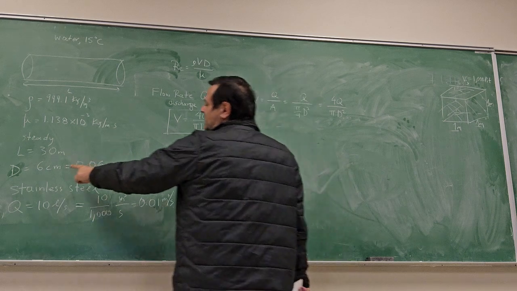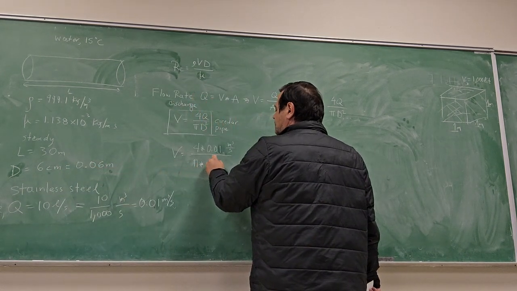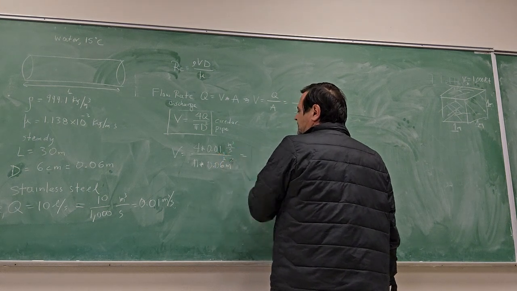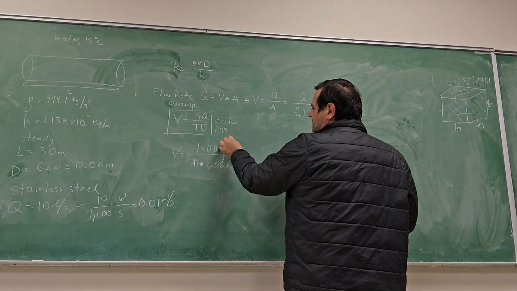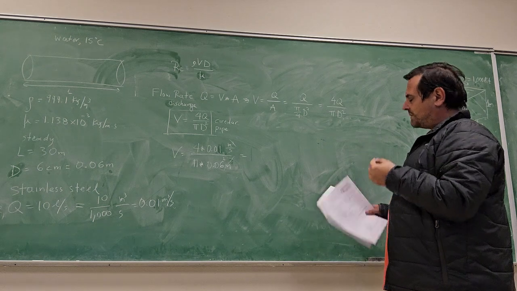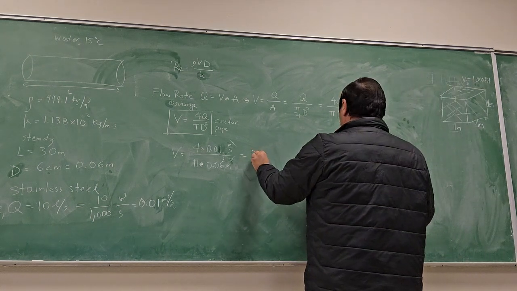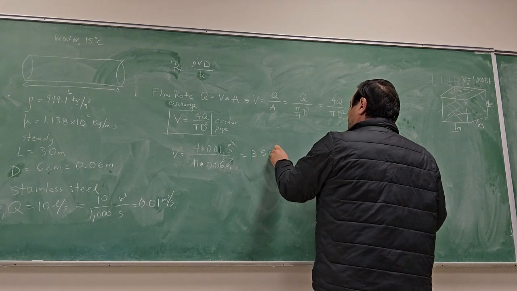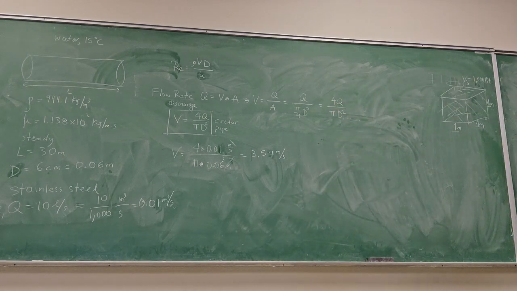The diameter, you see, I already converted from centimeters to meters, so 0.06 meters squared. If you do the calculations, you see cubic meters over square meters, the 3 with the 2 cancels, so you only have meters per second as expected, and the speed of the water is about 3.54 meters per second.